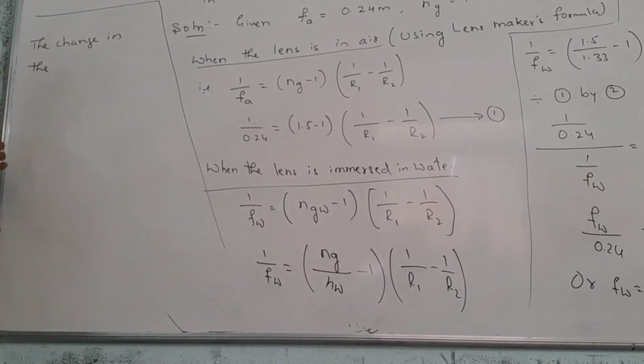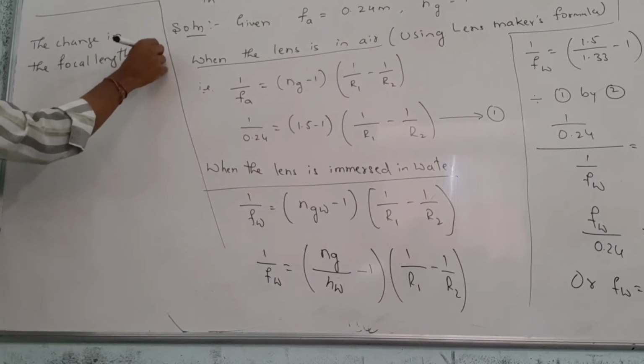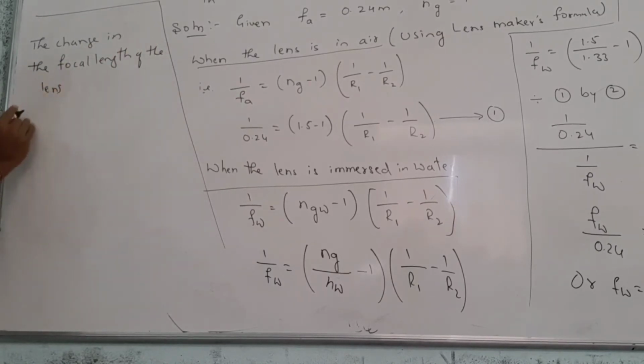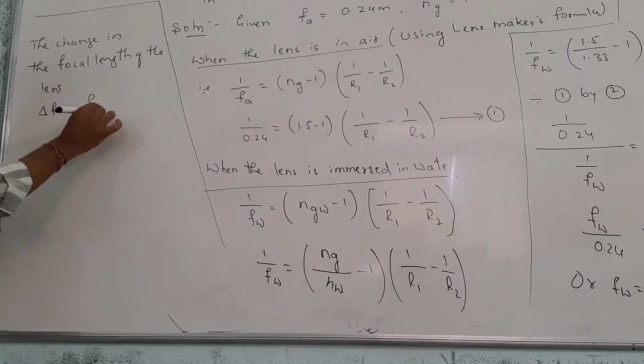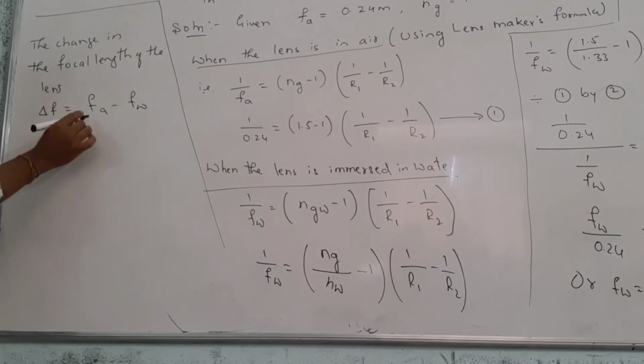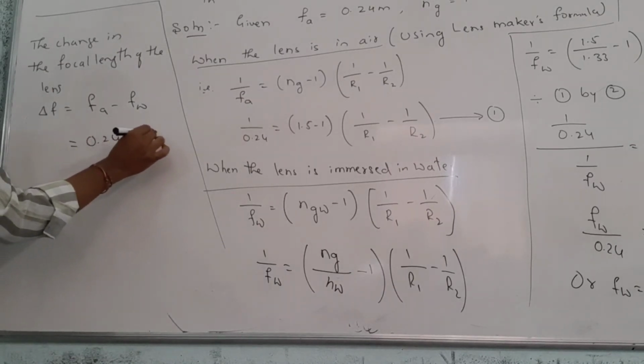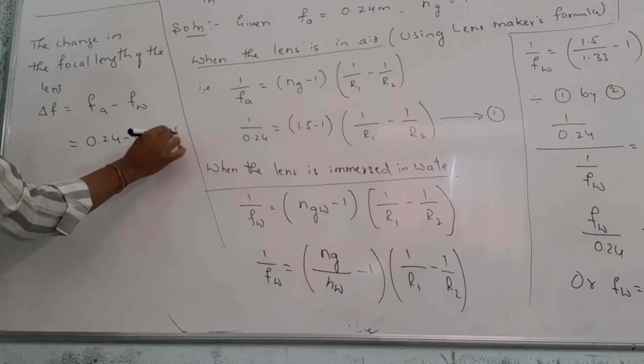What we have to find out is the change in the focal length of the lens. That is delta F equal to FA minus FW. FA means focal length in the air. What is that? 0.24 minus 0.9388. Subtract it.